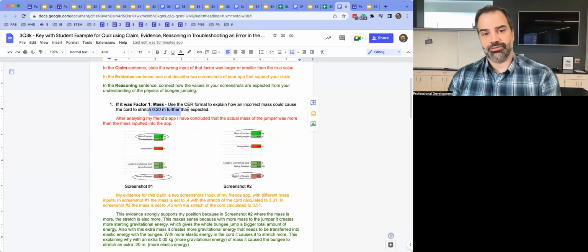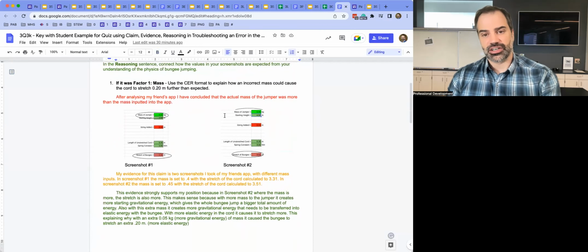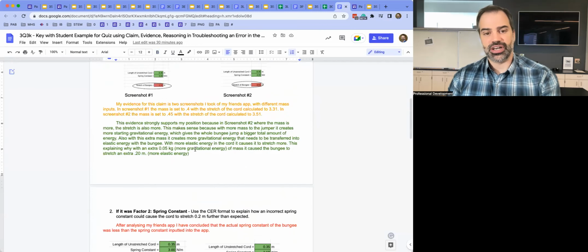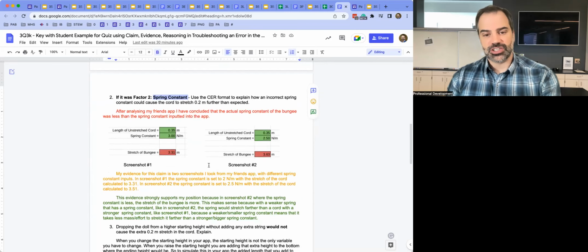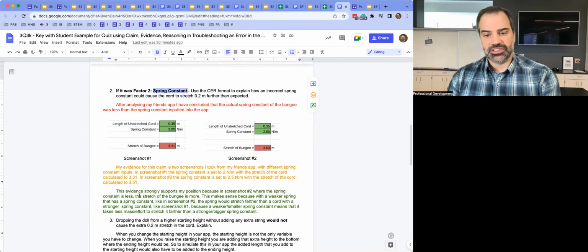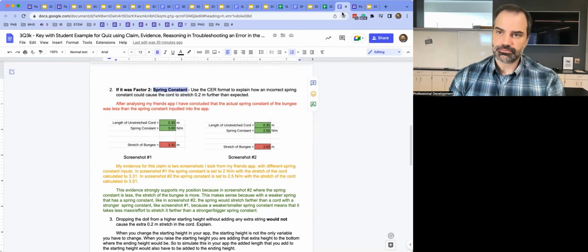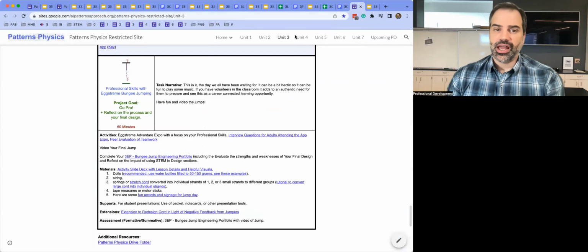If it's the mass that was mismeasured, they can argue using their simulation what happens, or what happens if it was the spring constant that was mismeasured. And so they do claim evidence reasoning around that. Just a nice touch.